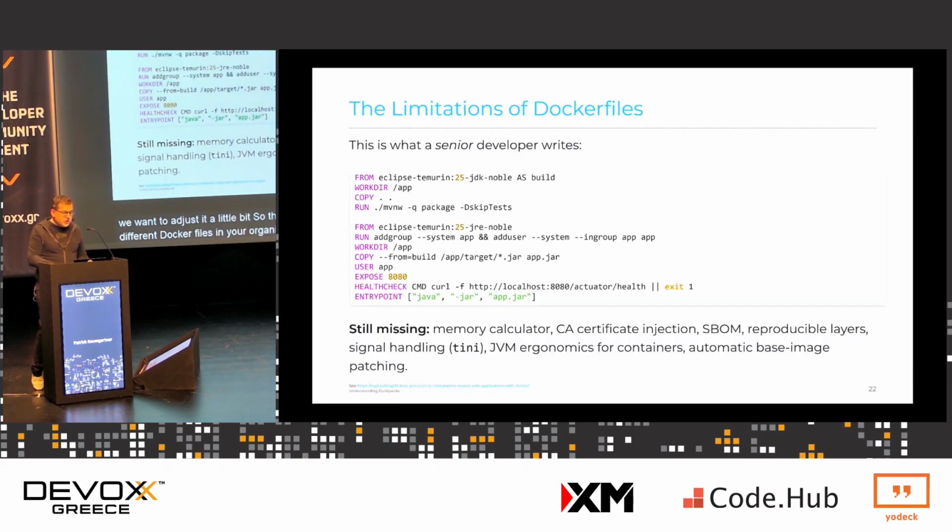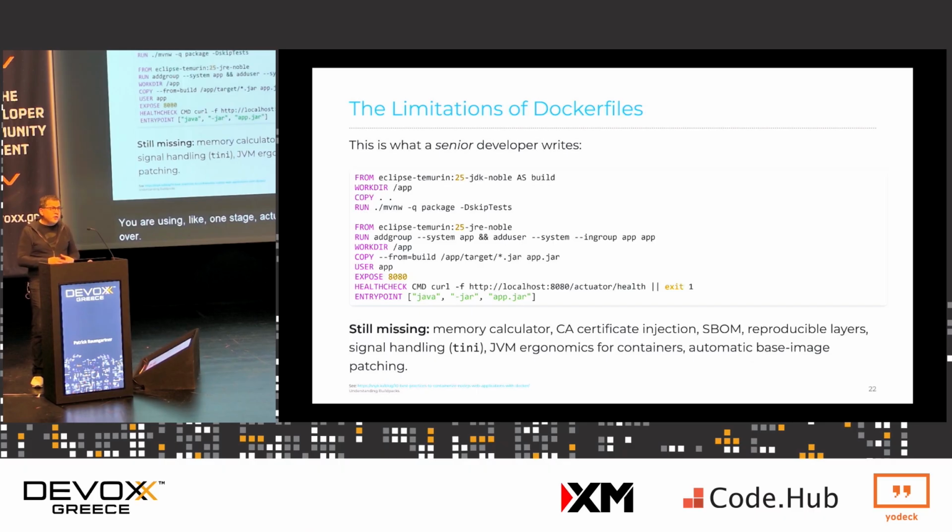Okay, so imagine you're a senior software developer. You know that if you're building an application and your container, maybe that's not the best way to do it, but you have heard of multi-stage Dockerfiles already, you are using one stage to build the application and then copy the files over. That's great.